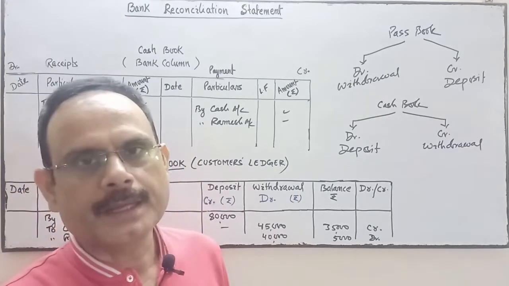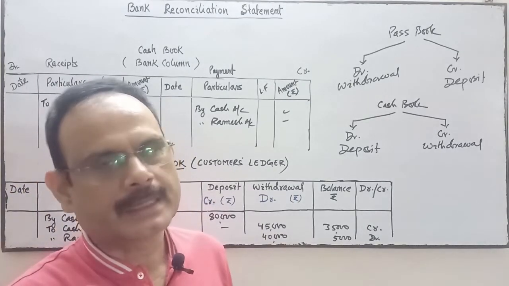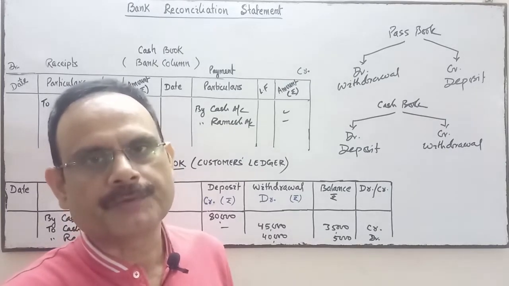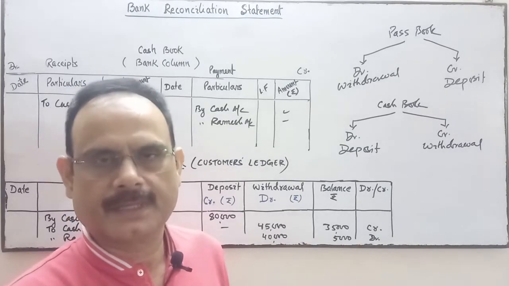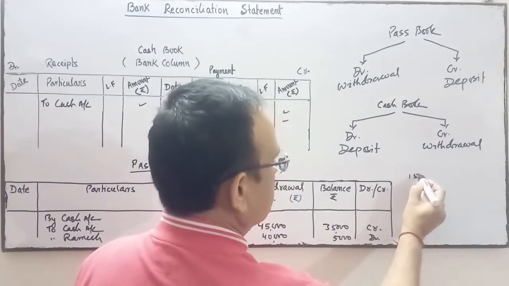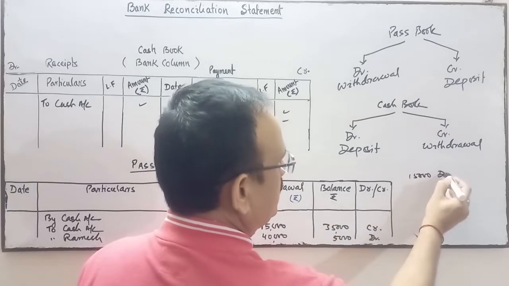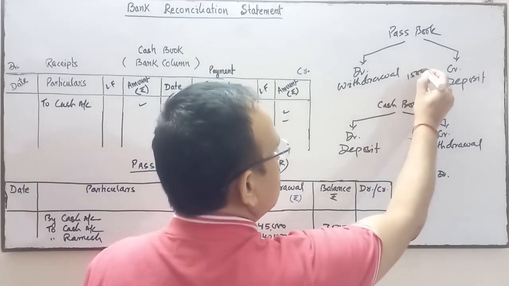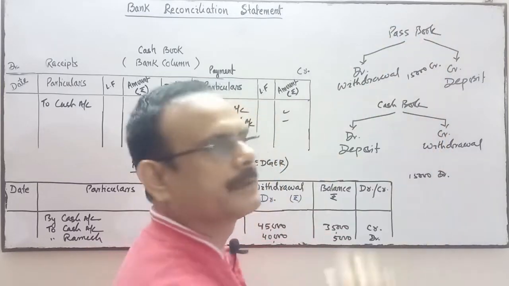The only difference will be: if the bank balance as per cash book is 15,000 credit, then the bank balance as per passbook will be 15,000 debit. Is it clear? If the bank balance as per cash book is 15,000 debit, then the bank balance as per passbook will be 15,000 credit. That is the only difference.